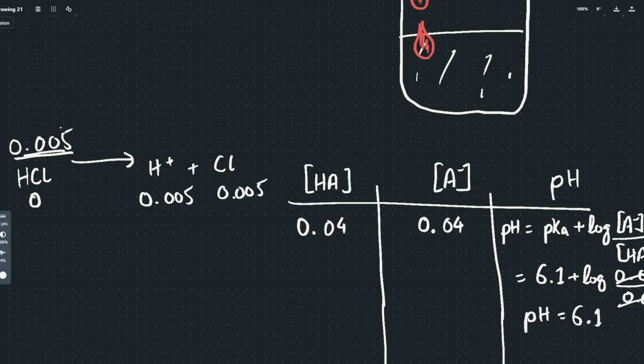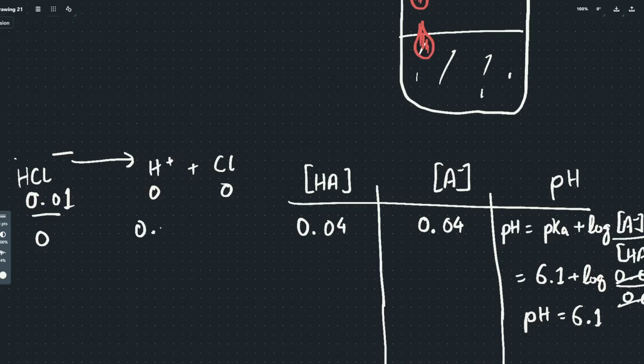Let's make it bigger for the sake of simplicity. Let's say we add initially 0.01 unit, not 0.005, so our calculation becomes a bit faster. So initially here there will be 0. After some time HCl will become 0. It will be completely transformed into 0.01 of this and 0.01 of this. This won't be doing much here. This is the thing of our interest here.